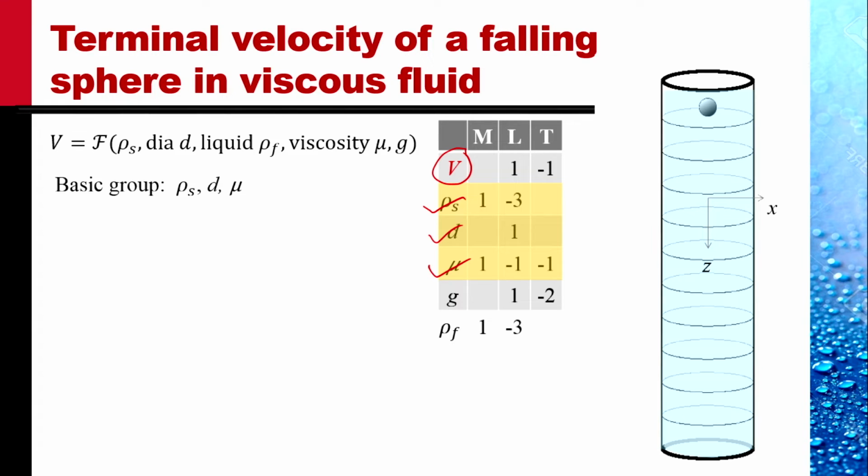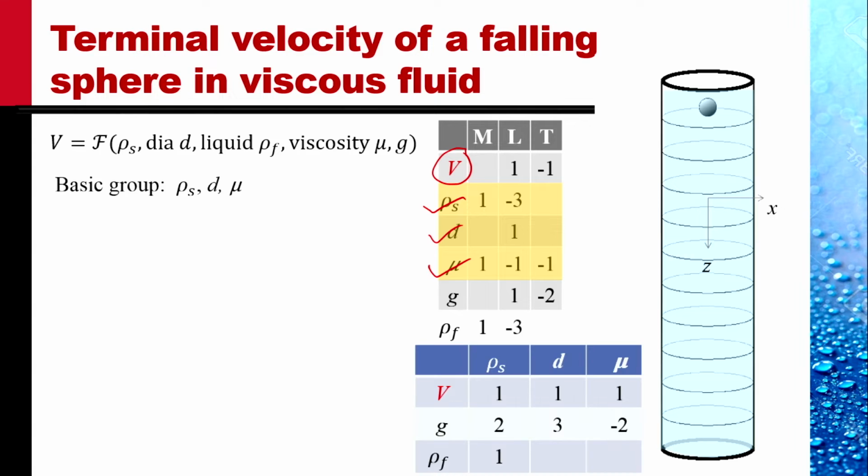To obtain the pi groups, we express the dimension of these remaining parameters in terms of rho s, d, and mu, using the method that we discussed in the last few lectures.